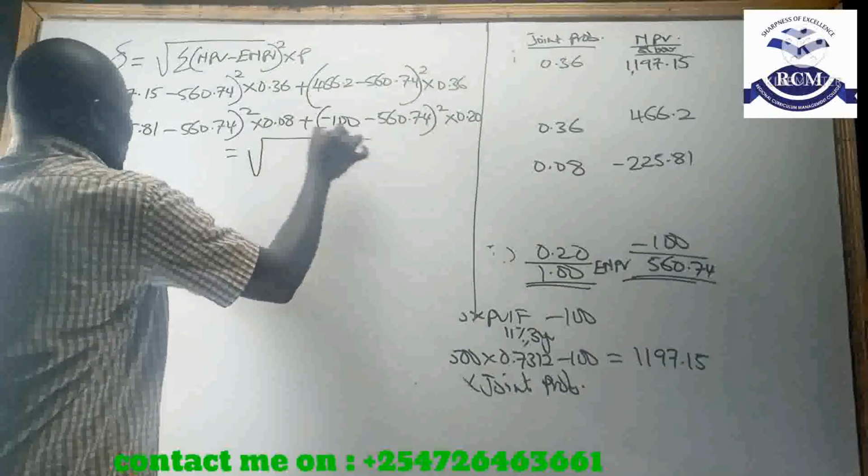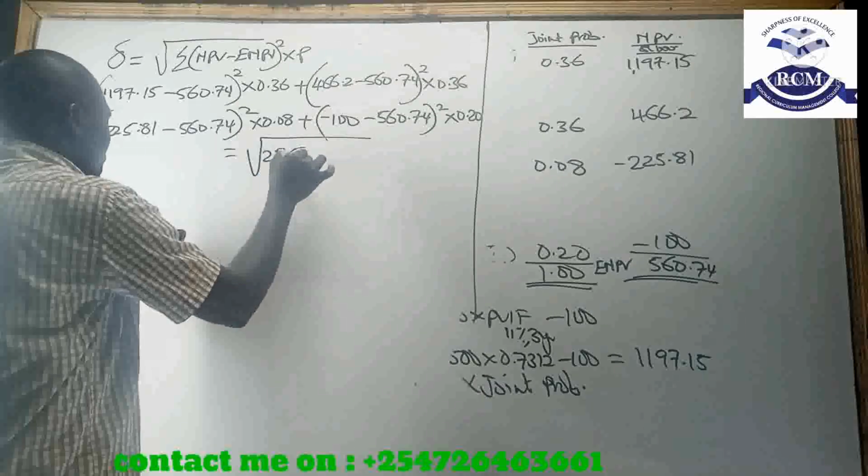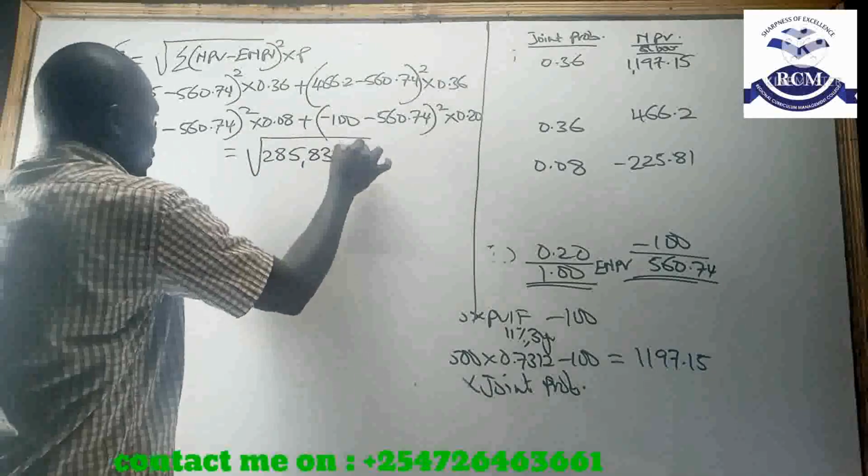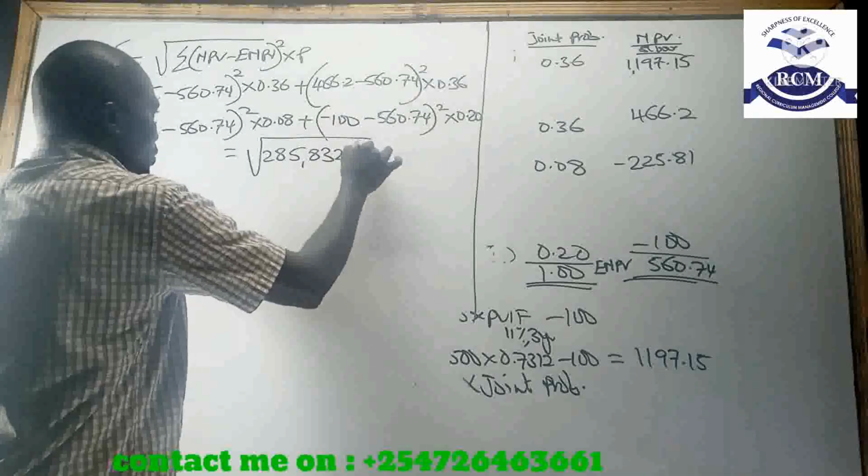So we are having the square root of 285,832.322.